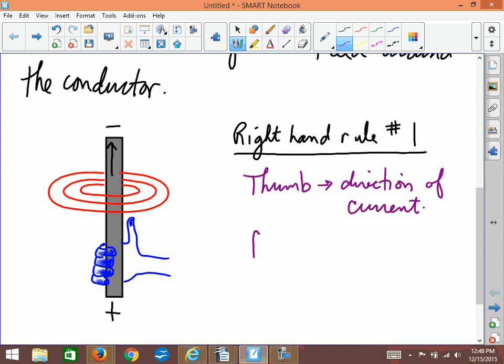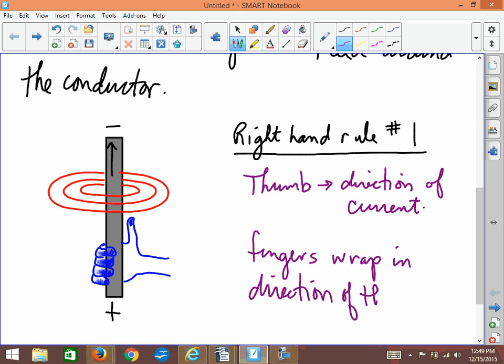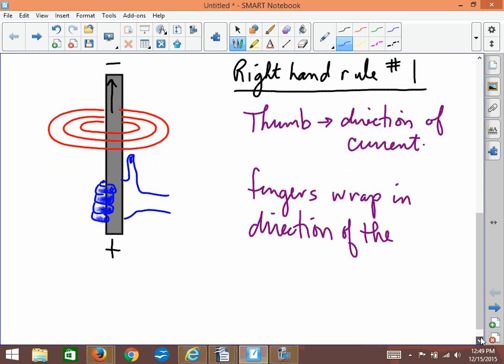And your fingers are wrapped around the conductive wire. They wrap in the direction of the magnetic field, which is the red lines.